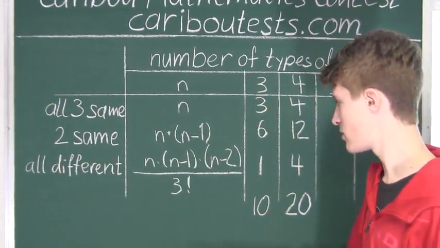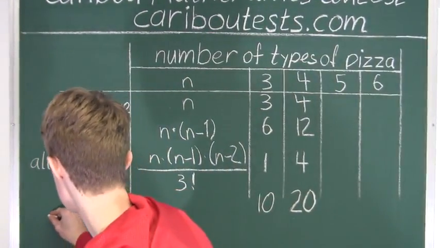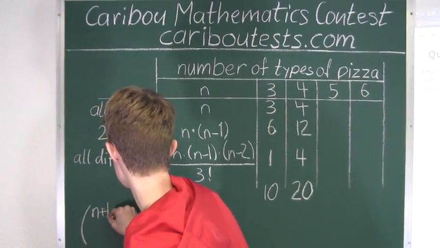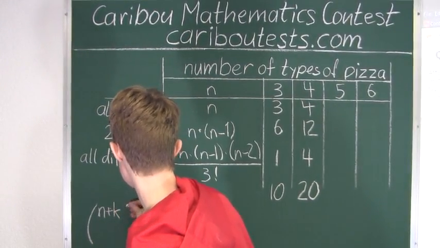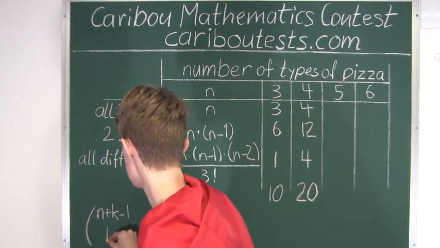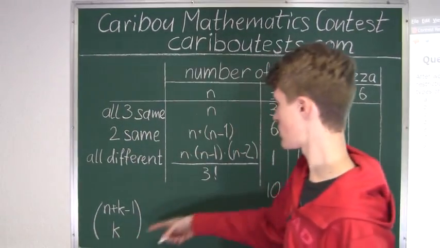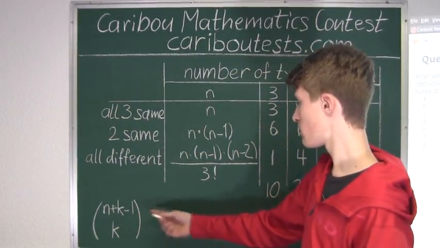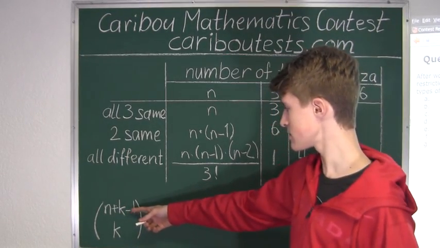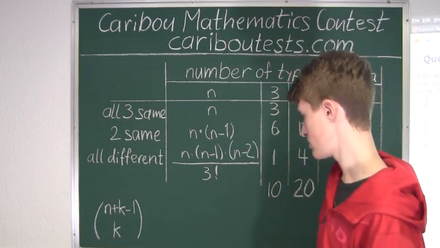Now, by the way, there is also a simple formula, which is known as n plus k minus 1 choose k. This is for a more general problem where you are still choosing k slices from n different types of pizza like we have here in the question.